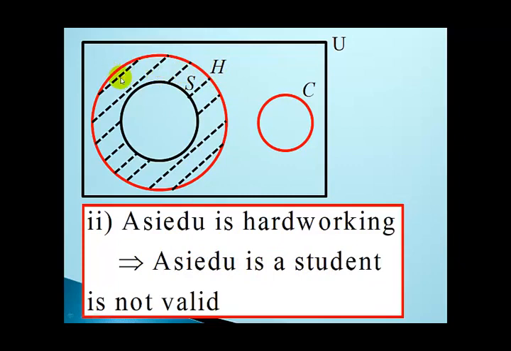The fact that Asiedu is hardworking does not mean Asiedu is a student, because he can be hardworking but not a student. He can be outside the circle S. So Asiedu is hardworking implies Asiedu is a student is not valid, because he can be hardworking but be in the shaded region, outside S.